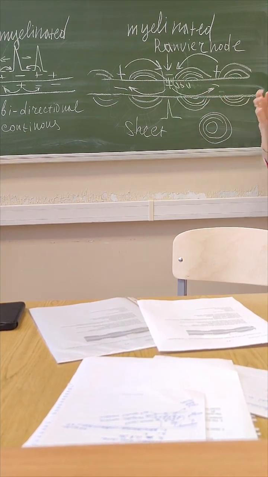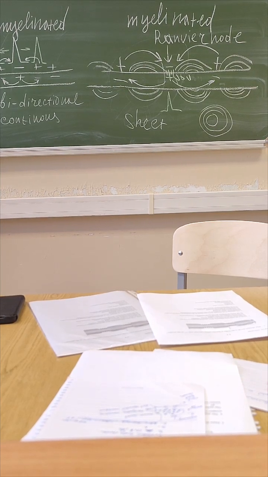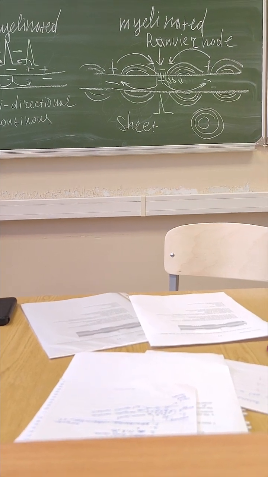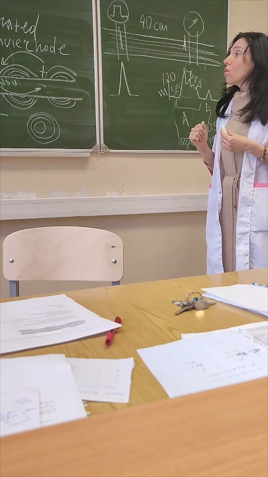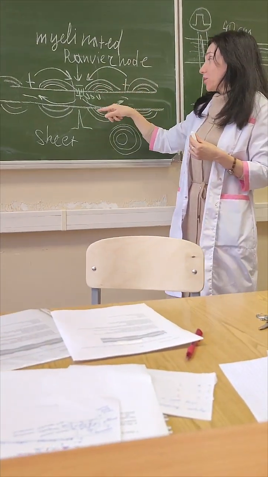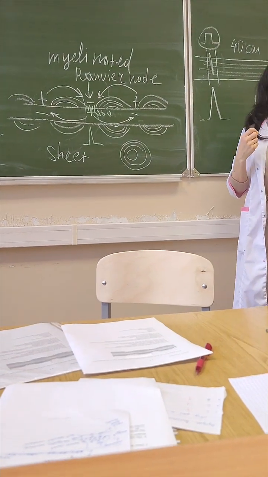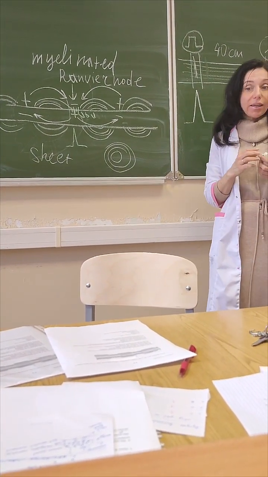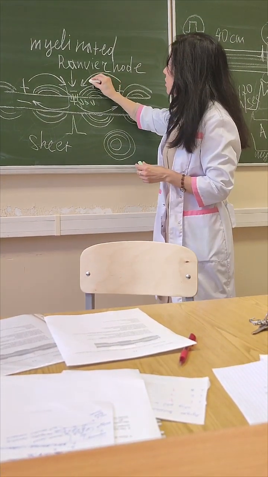The node of Ranvier contains mostly sodium voltage gated channels with high sensitivity of the gate to stimulation, to electrical current. So the myelin sheath part cannot respond with an action potential because it has high electrical resistance.